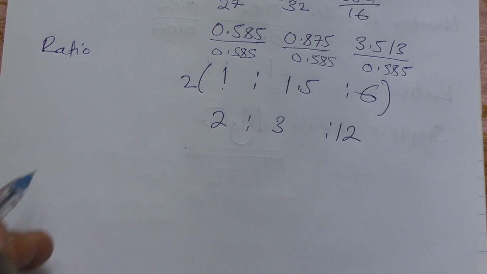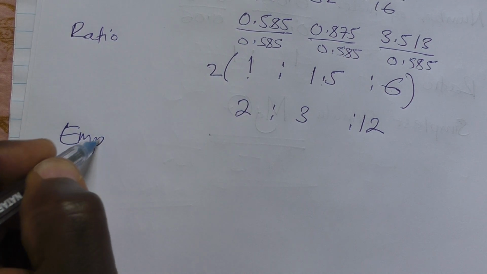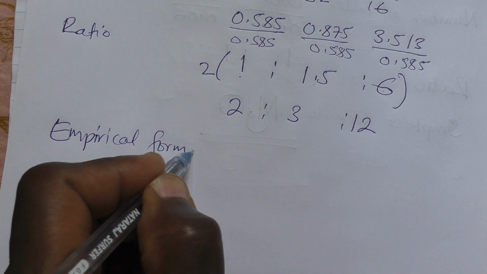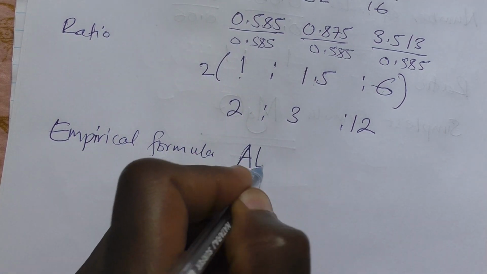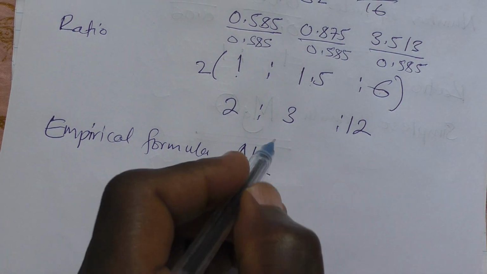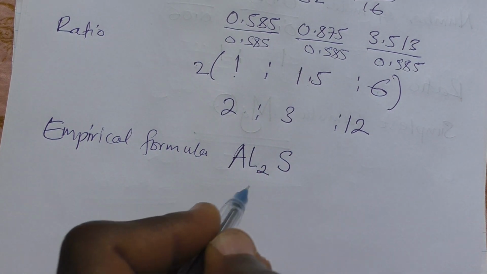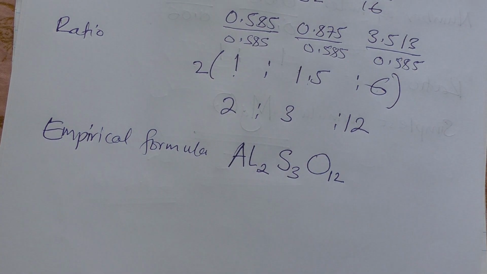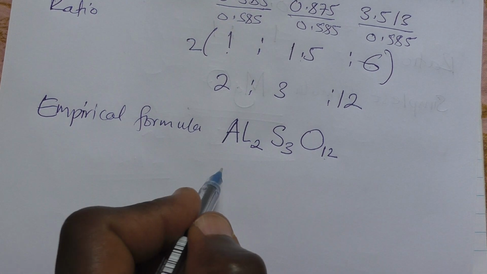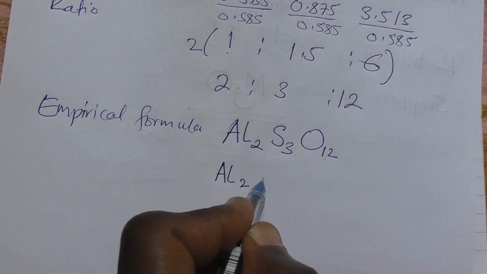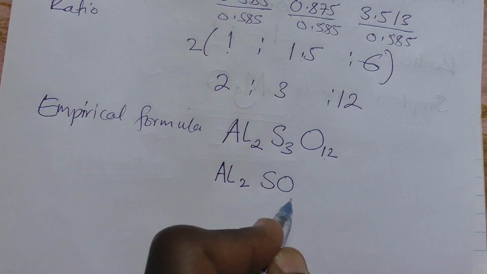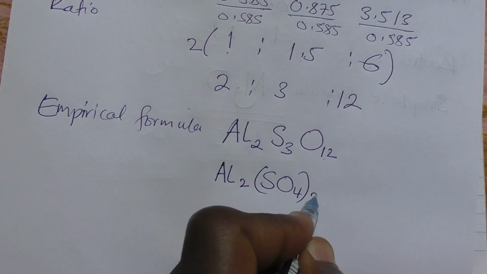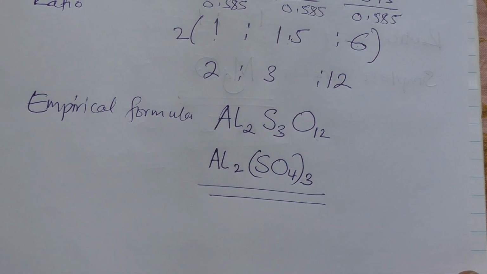And that means that the empirical formula will be aluminium 2, sulfur 3, and oxygen 12. So we can even combine this; sulfur and oxygen have a common factor which we can take out to get Al2(SO4)3. So that will be the empirical formula.